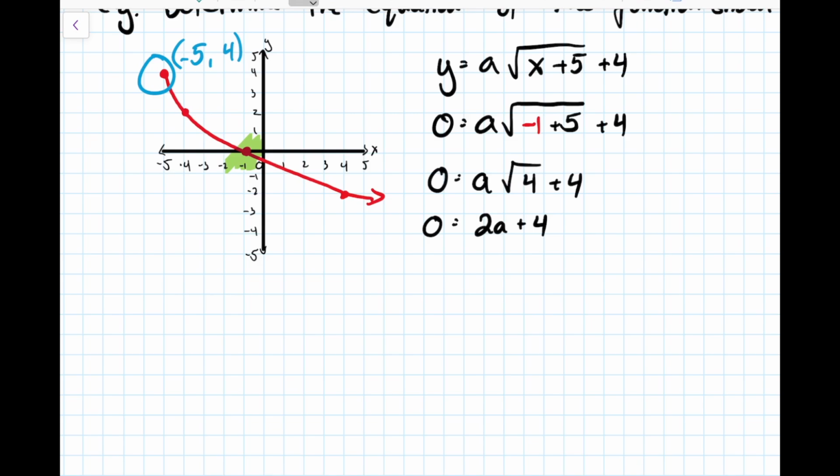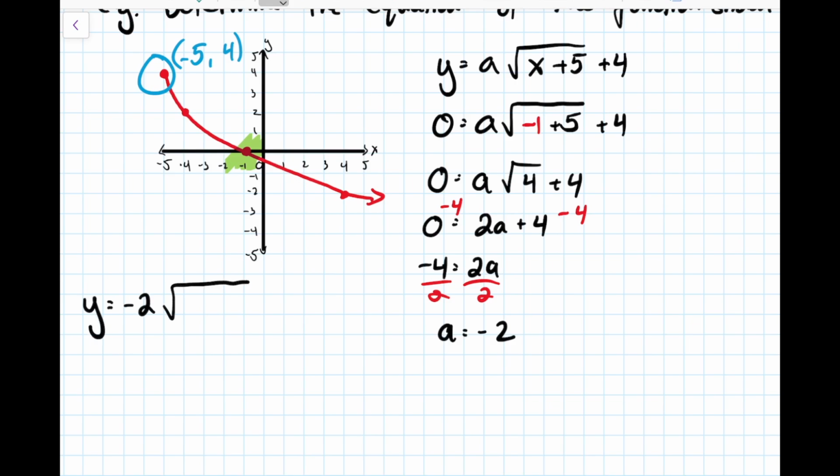We're going to move that positive 4 to the other side by subtracting. So we've got -4 equals 2a. We're going to divide both sides by 2. And we get that our a value is -2. And so to put this all together, we've got y equals -2 root x plus 5 plus 4.